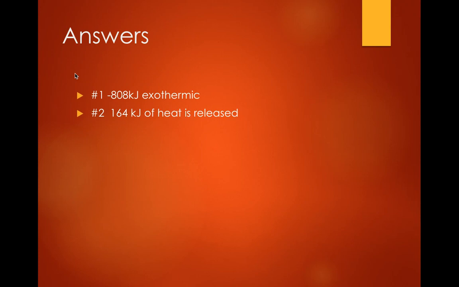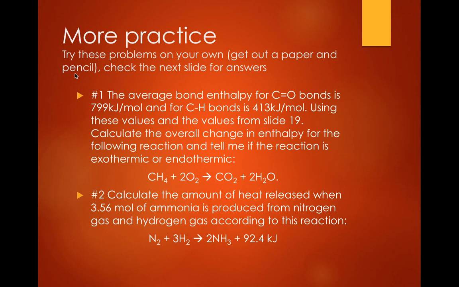Okay, number 2. How do we do that one? Okay, so I'm going to go back for a sec. So first, we want to make a ratio. So how many moles of ammonia do we have? We have 2 moles of ammonia.